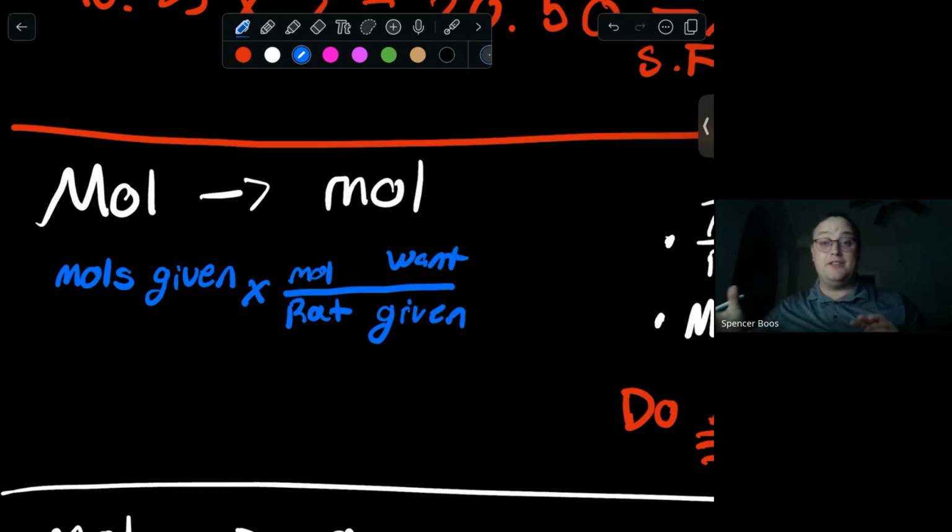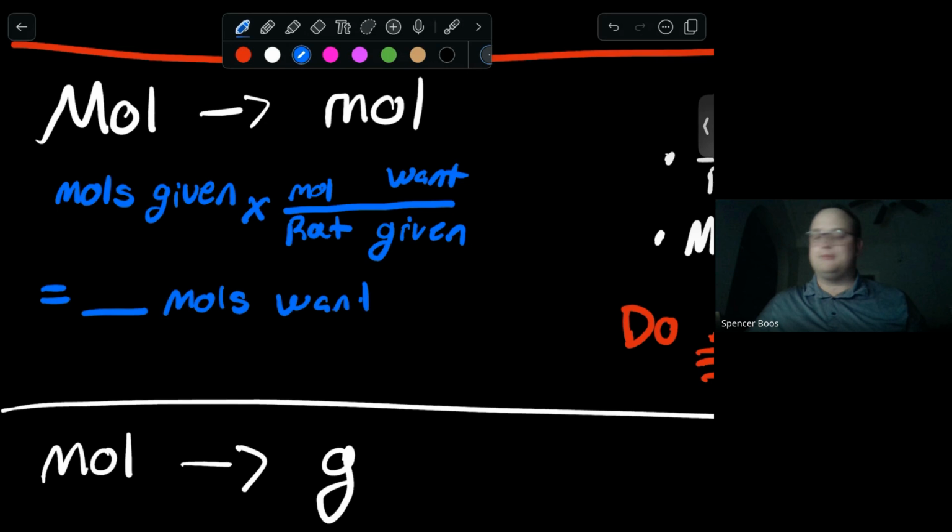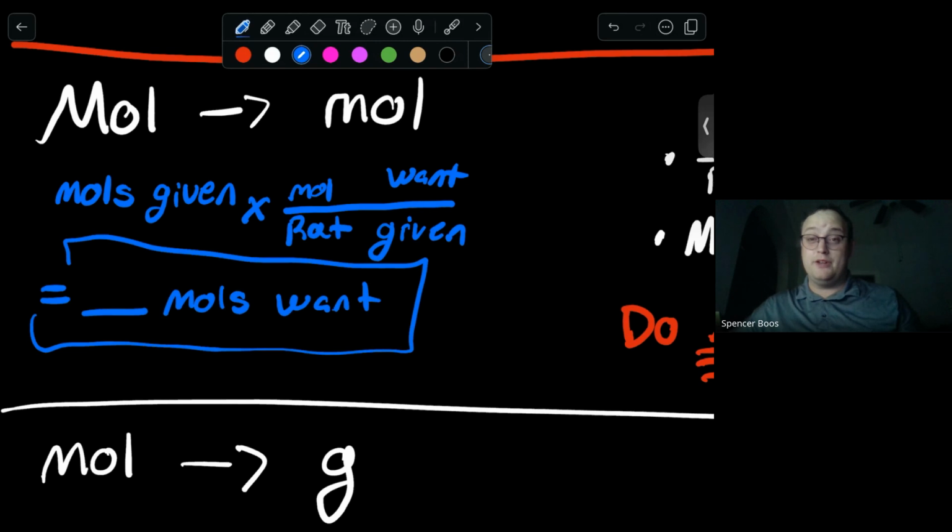Whatever you're given, that's the quantity you're converting into the quantity that you want. This gives you your answer in moles of your want. That's your final answer. Easiest of the four.